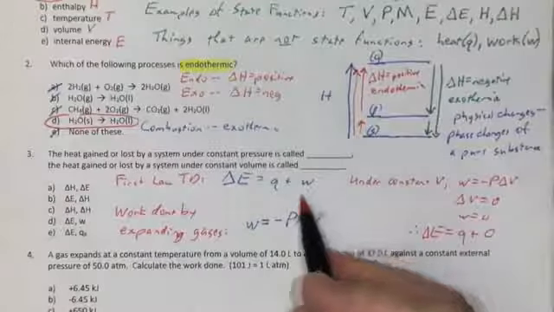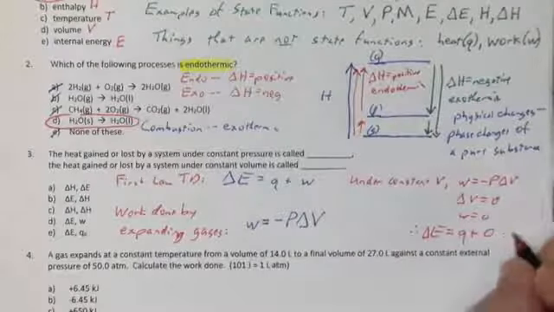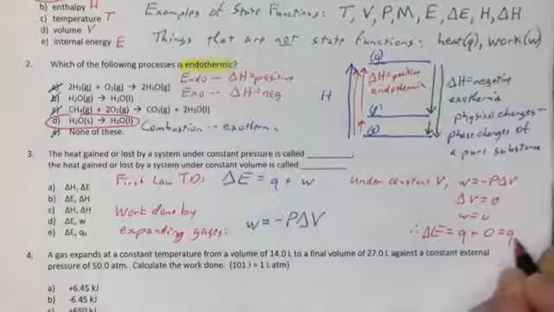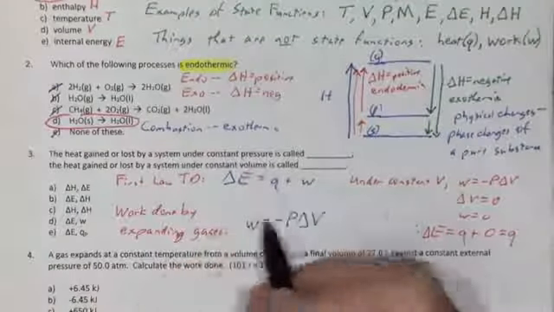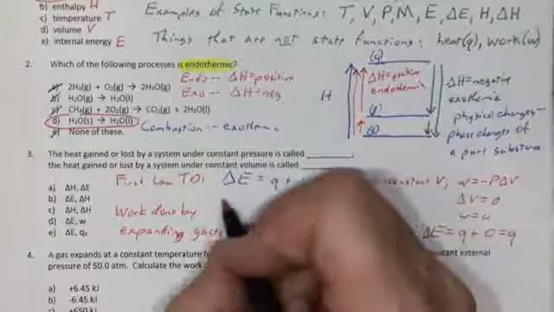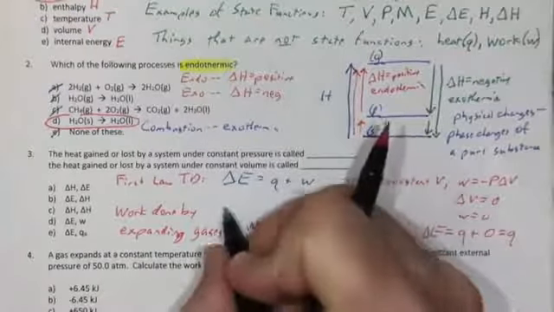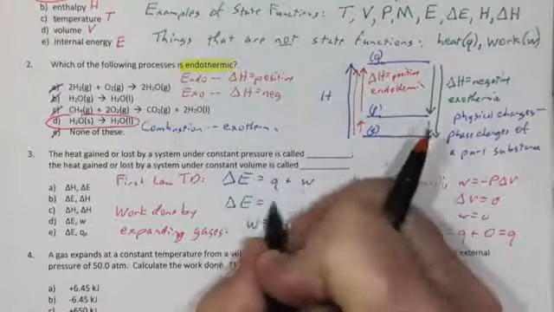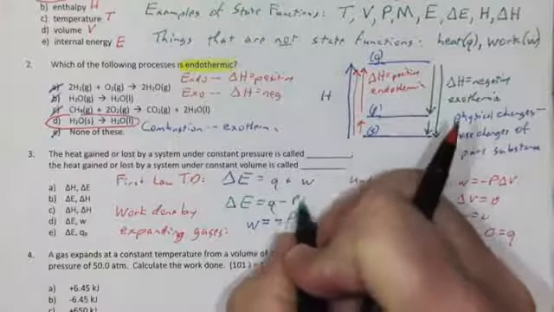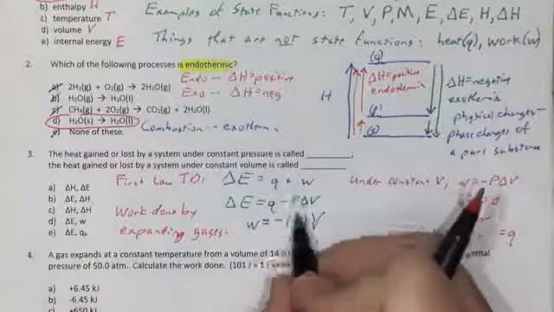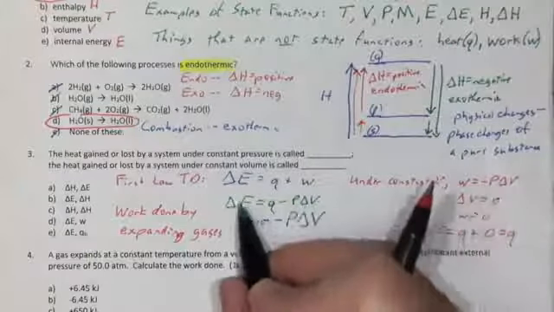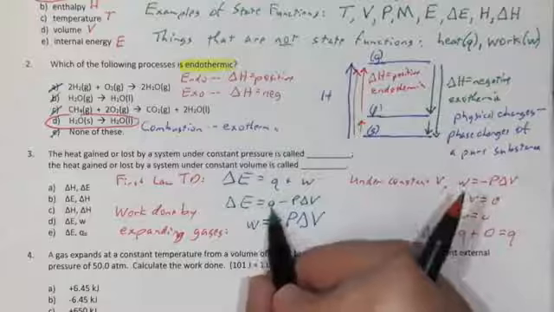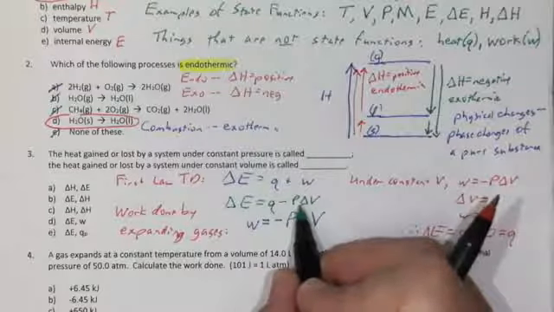Look, instead of Q plus work, well, work is 0. Delta E is equal to Q. What does Q stand for? It stands for heat flow. So the heat gained or lost by a system under constant volume, if you look at this equation, let's rewrite it. Delta E equals Q minus P delta V. That's another way to state the first law of thermodynamics under constant pressure conditions. But if the volume is constant, then delta E is equal to the heat flow under constant volume conditions.